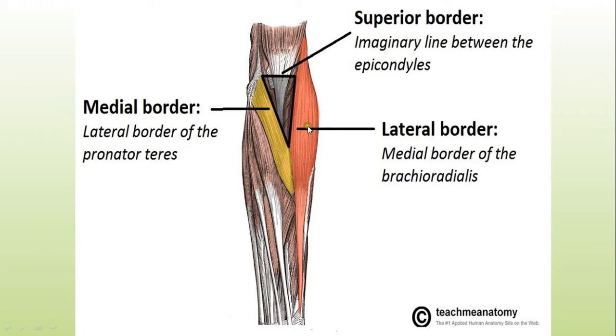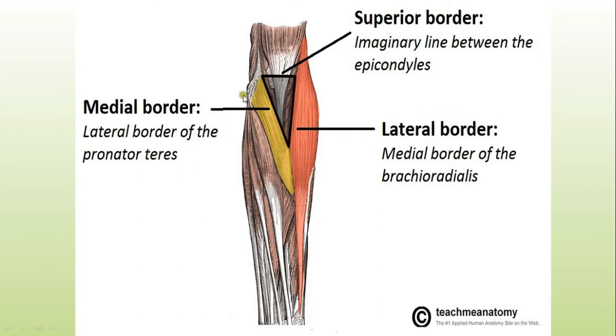Now you can see in the figure that the brachioradialis muscle has a medial border and a lateral border. So the medial border of the brachioradialis is actually forming the lateral border of the cubital fossa.